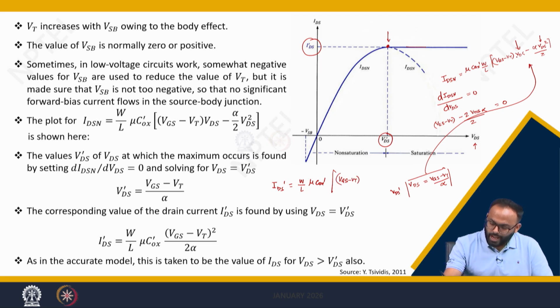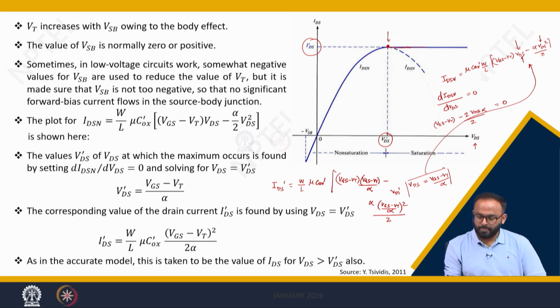Now you are calculating the current exactly at this point, which is constant after this point, so you can put the VDS value as VGS minus VT divided by alpha, minus alpha into VGS minus VT by alpha whole square divided by 2.